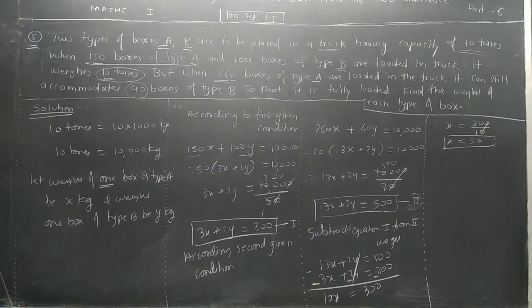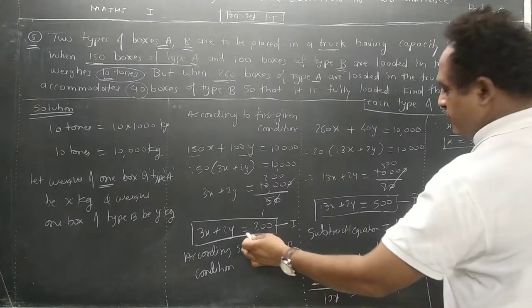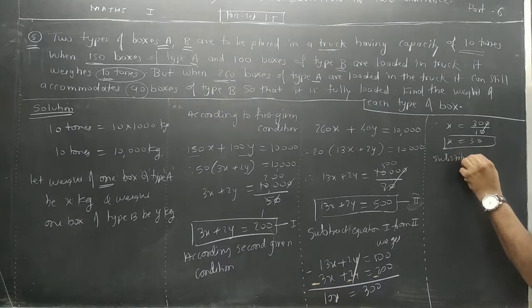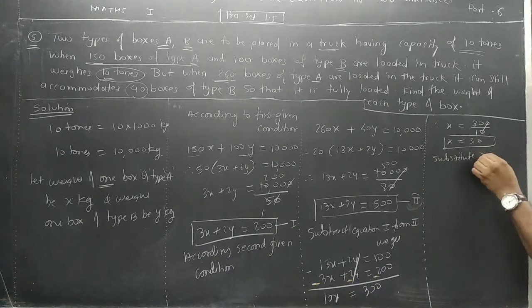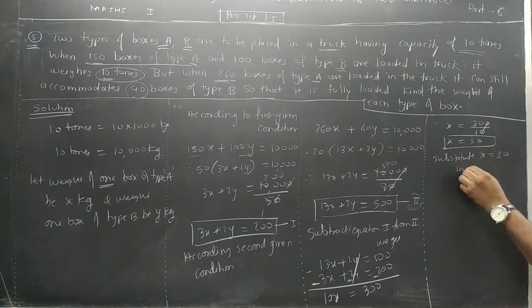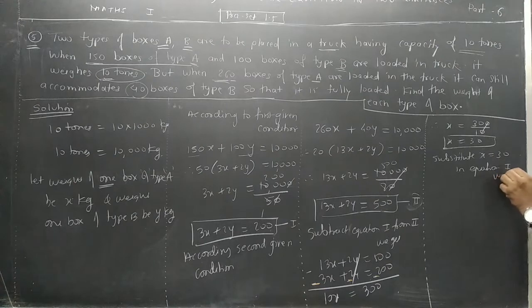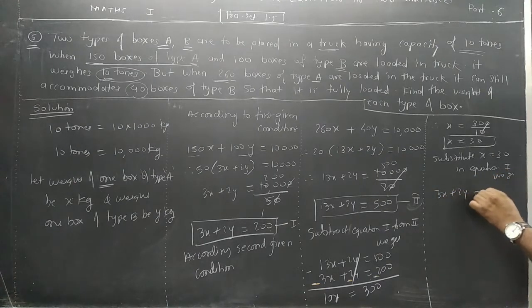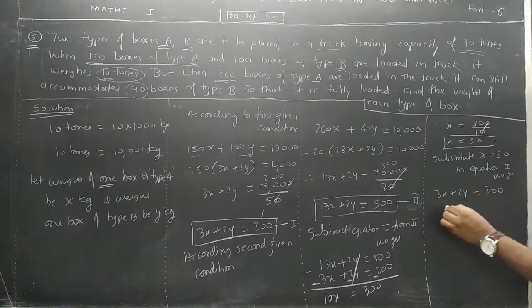Now we are going to substitute x is equal to 30 in equation 1. Equation 1 is 3x plus 2y is equal to 200.